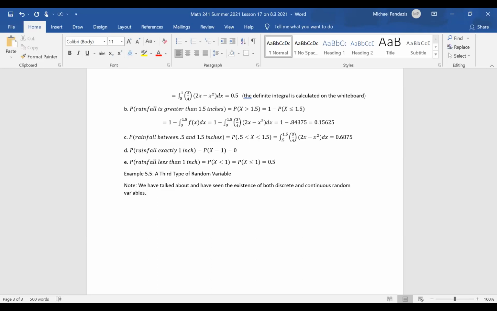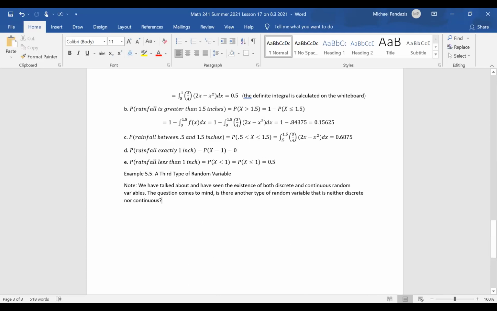Not only have we done theoretical examples, we thought of real life situations that illustrated the existence of both. So the question comes to mind: is there another type of random variable that is neither discrete nor continuous? Are all random variables either discrete or continuous, or are there random variables that are neither?